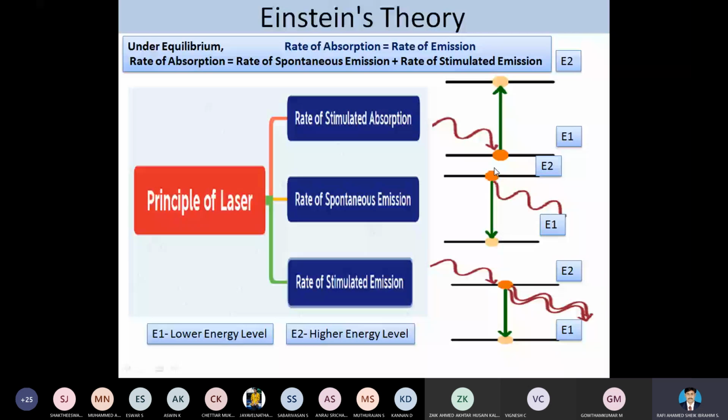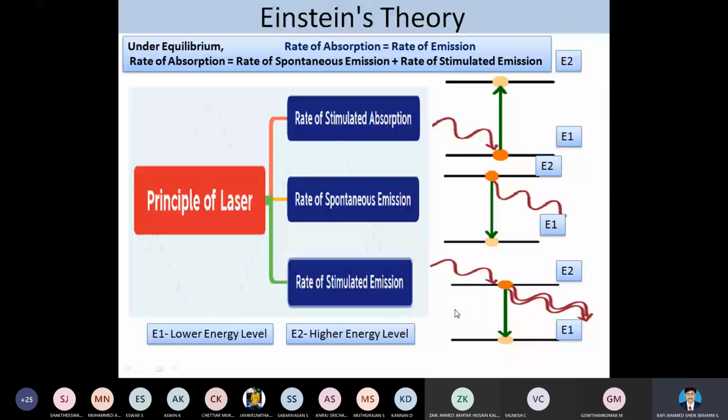When the higher state atom jumps to the ground state without any additional energy, without any inducement, such a process is called spontaneous emission. Such a process is called rate of spontaneous emission.